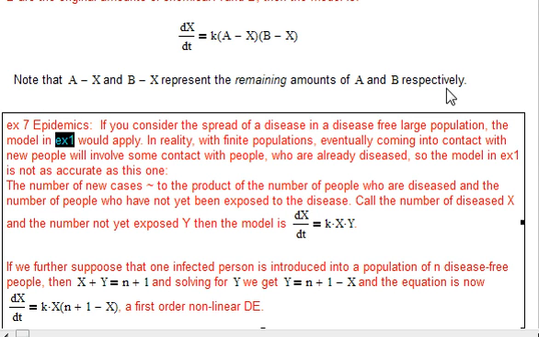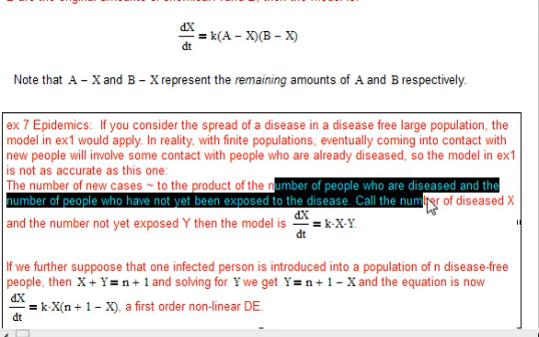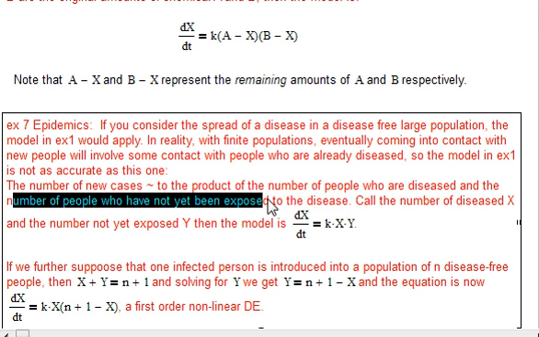In reality, with finite populations, eventually coming into contact with new people will involve some contact with people who are already diseased. So the model in example 1 is not as accurate as this one. That's to say the number of new cases is proportional to the product of the number of people who are diseased and the number of people who have not yet been exposed to the disease.